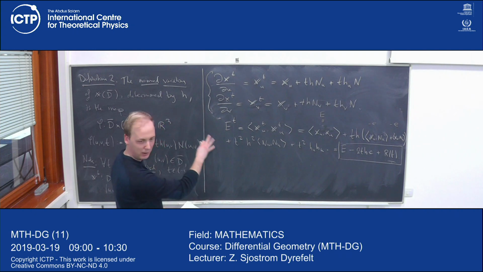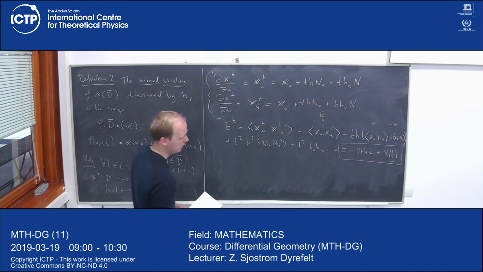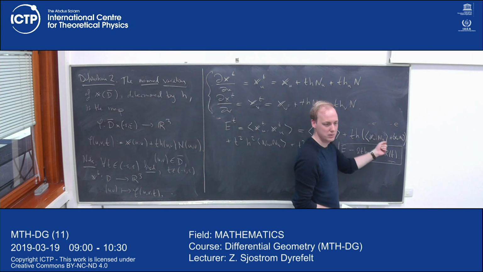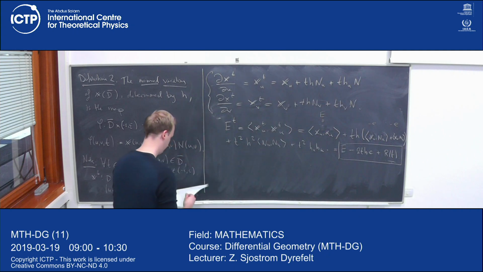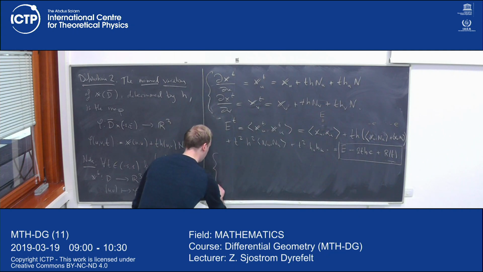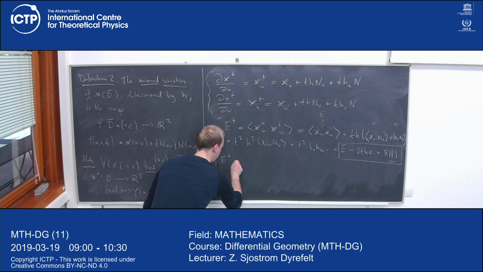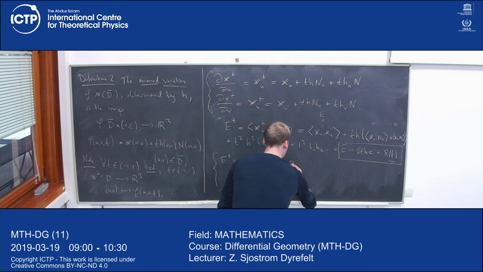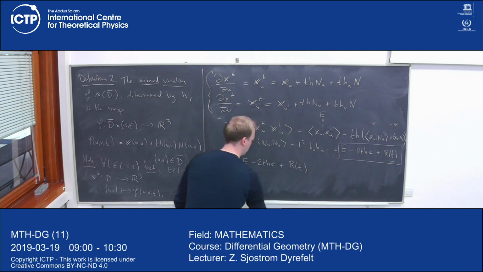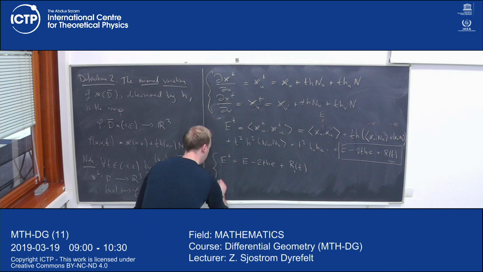Let me just summarize on the blackboard what you get. The computations are exactly the same, and I already explained how you connect this to minus u when I did the summary earlier. So what you get is the following. Et, so now I'm just copying the one I just wrote, is E plus t h e, plus R of t, let's call it R1 of t.